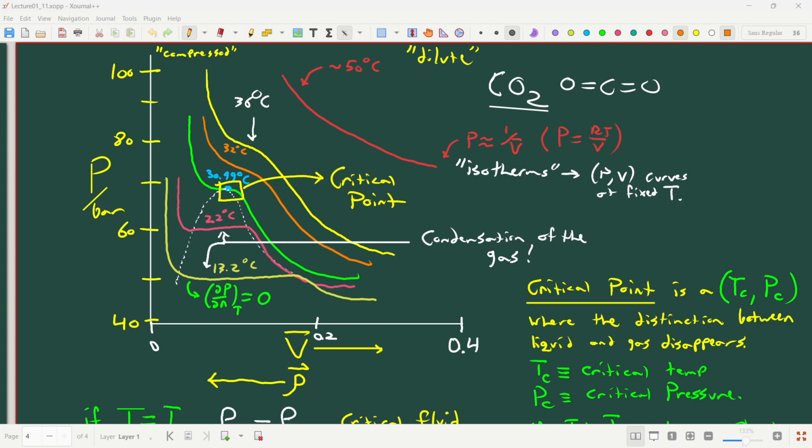And then when we start to cool past this critical point, which for CO2 is about 31 Celsius, what we observe is an increasing region where the pressure dependence becomes flat with respect to density. So as you start to fill in molecules, the pressure doesn't change anymore.